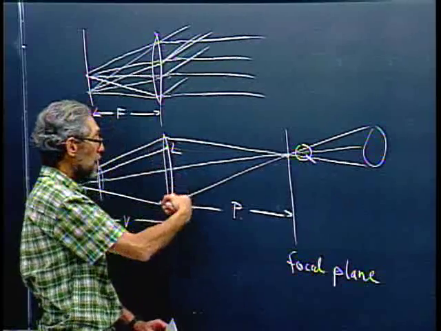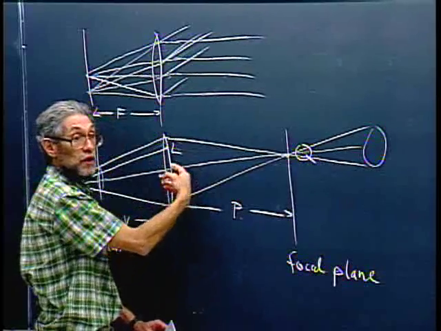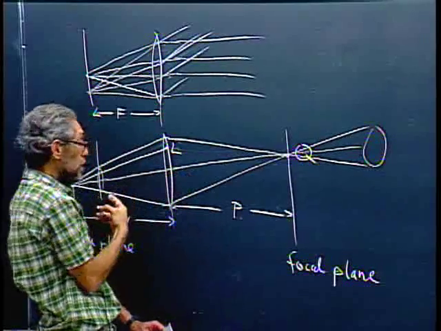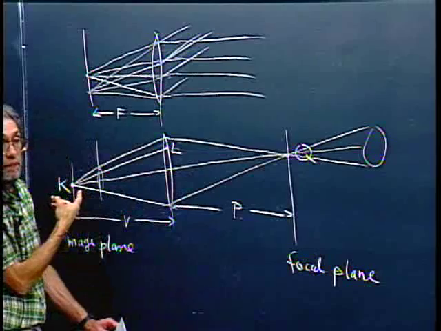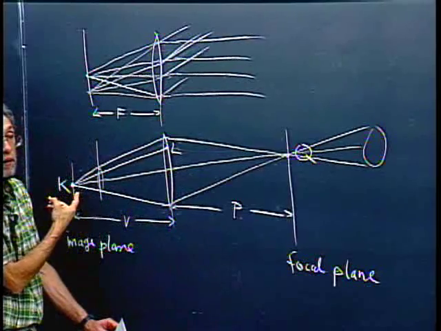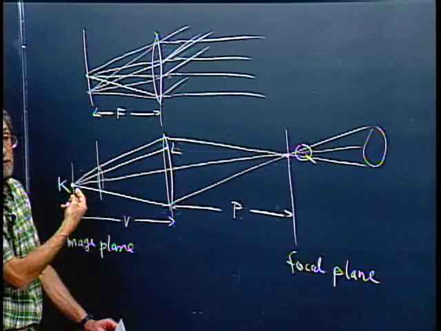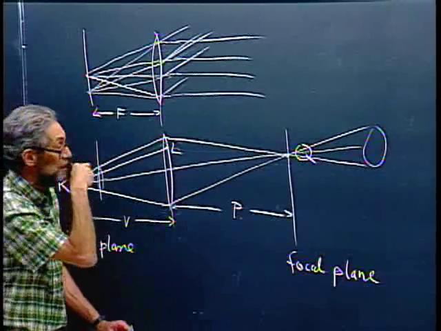And then if we take enough random points, basically it's equivalent to integrating over the area of the lens and getting all the rays that contribute to the irradiance at this point K, where you have a CCD sensor or film chemistry that's gathering that light energy.